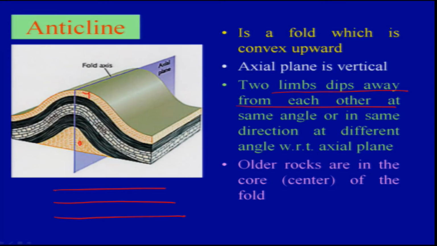In the core we have the older rock, in the center, whereas on the top we have the younger rock. This is one typical characteristic of the anticline: in the core you will have older rock, and on the top you will have the younger rocks.